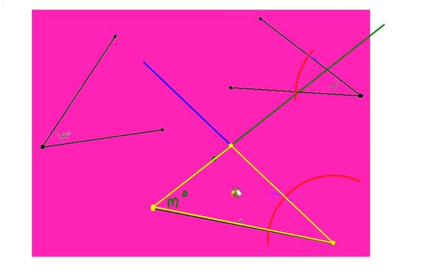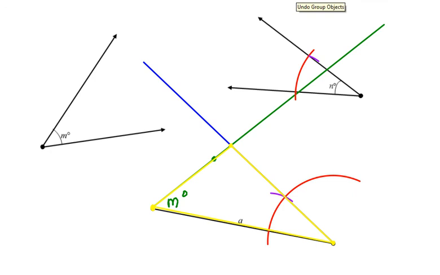Nope, that didn't work. In any case, we formed a triangle according to the directions that we were given. Just to summarize, we have M degrees, we have a side length of A, and we have a second angle which matches this angle right here. Okay, so let's continue and see what the next part of this problem is asking, which would be part B.